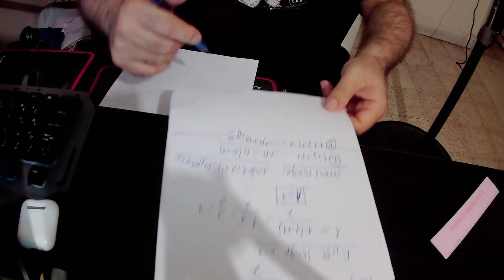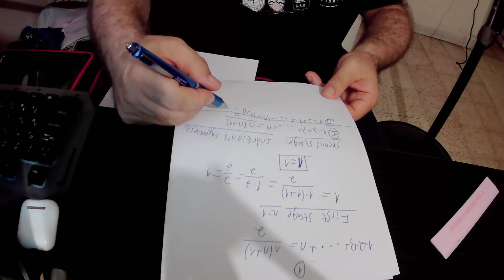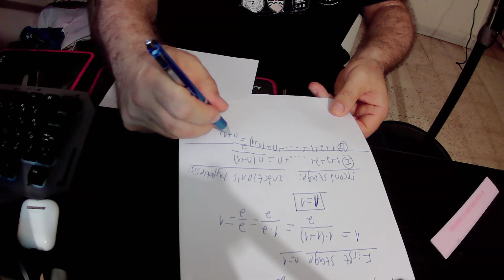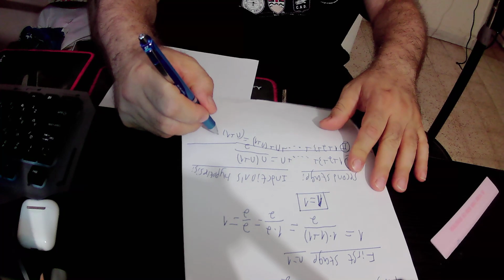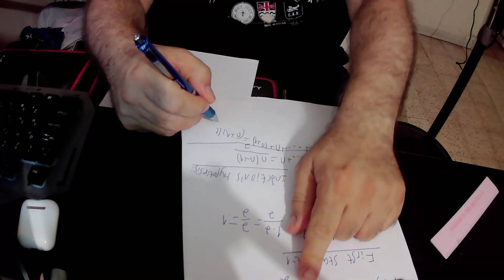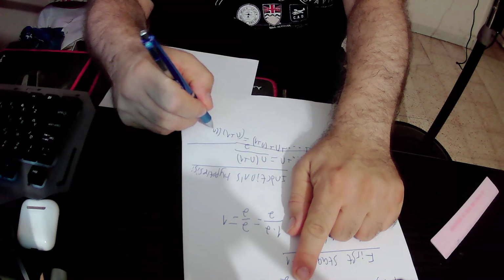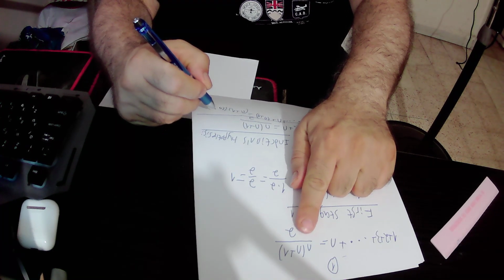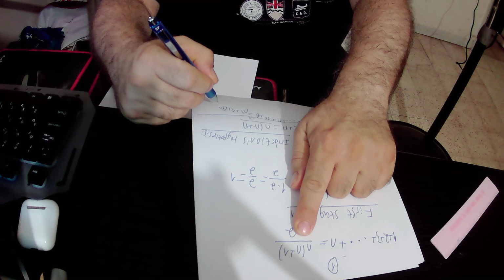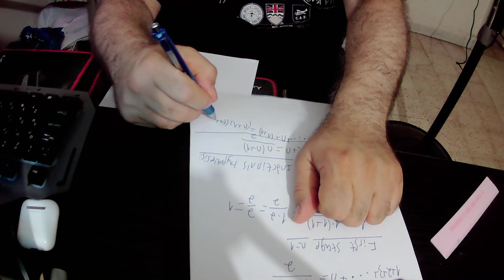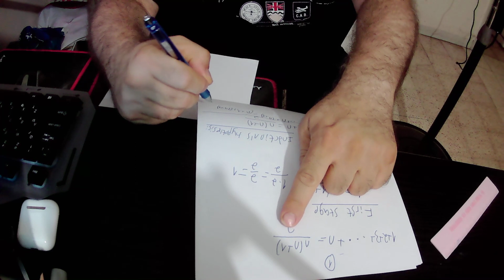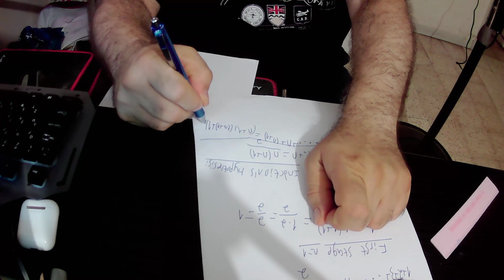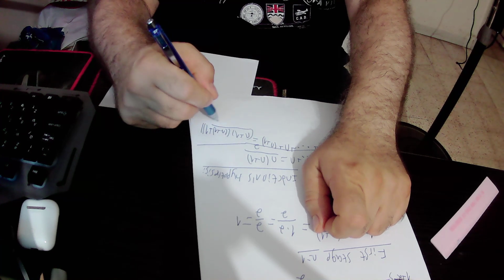So if it is n times n plus 1, it will be n plus 1 times, here it is n, so we write n plus 1, here it is n, so we write n plus 1, plus 1, all divided by 2.